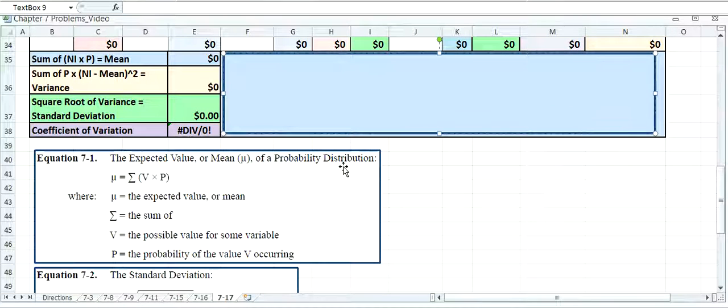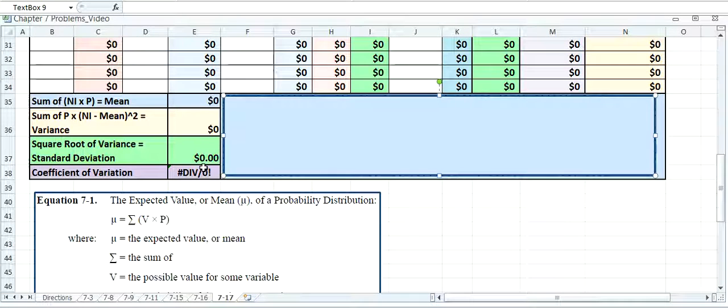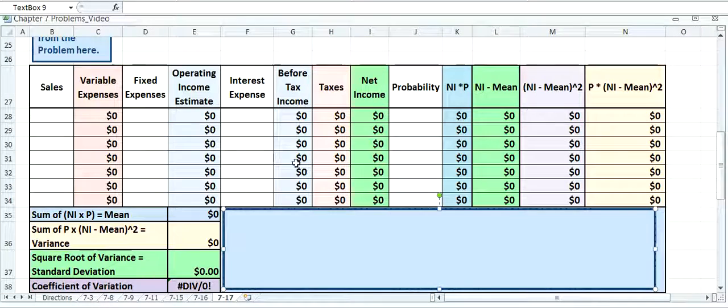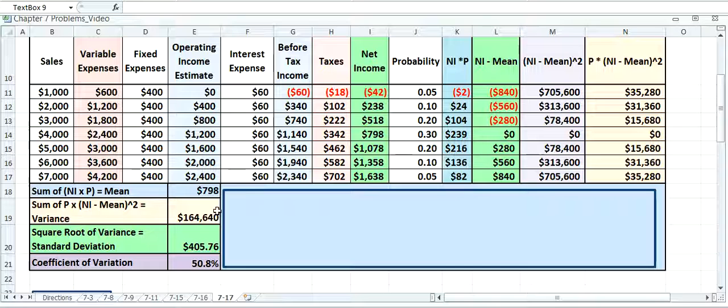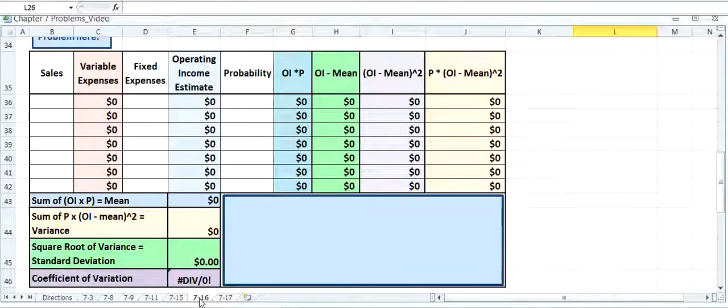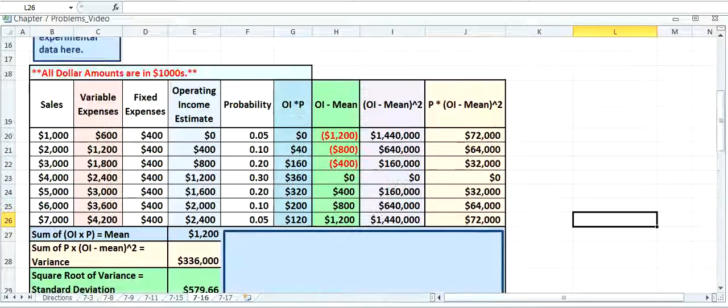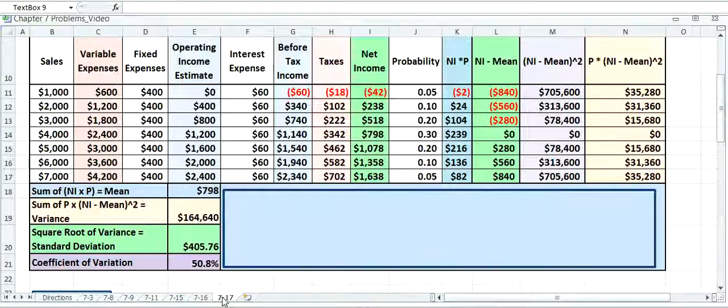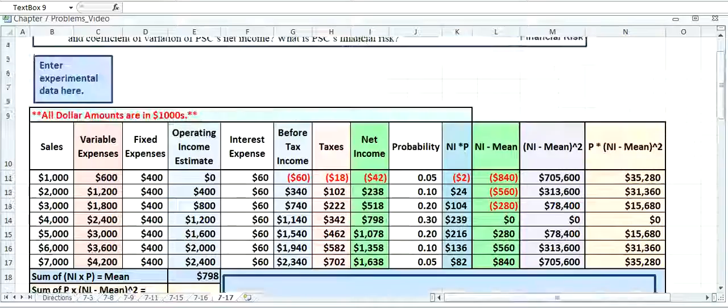Once again, you want to look at the difference of your coefficient of variation of your net income with this fixed interest expense compared to the coefficient of variation right here without it. And that's going to be your financial risk. And that does it for your homework.